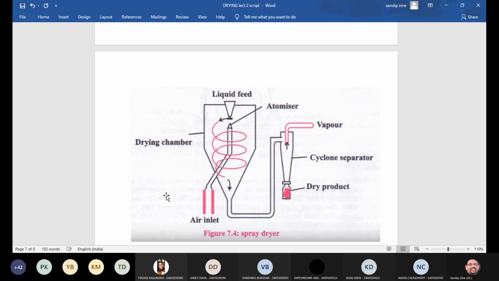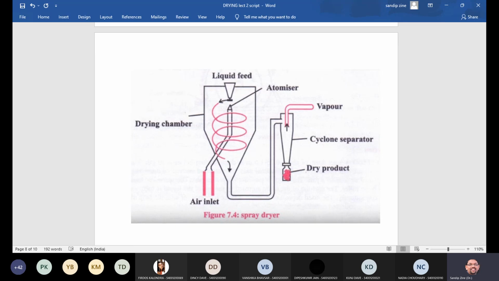So in spray dryer, what will be the principle of spray dryer? If you see the spray dryer principle, it provides a large surface for the heat and mass transfer, isn't it?